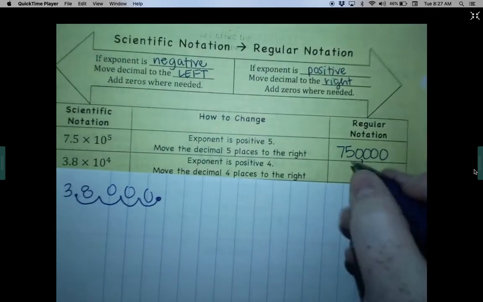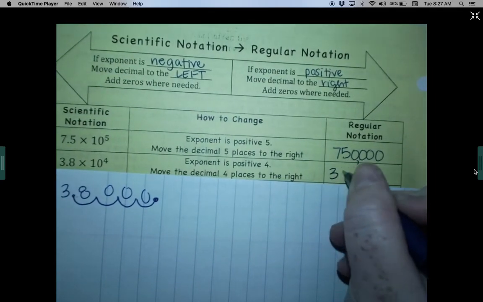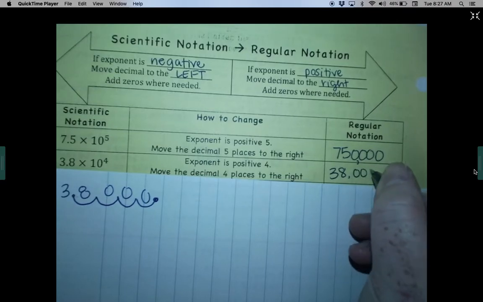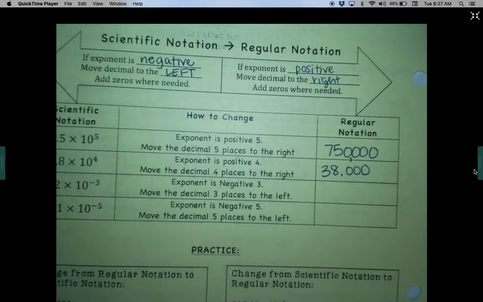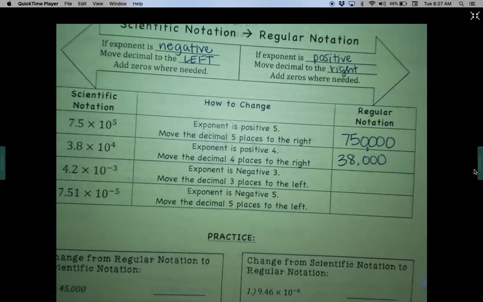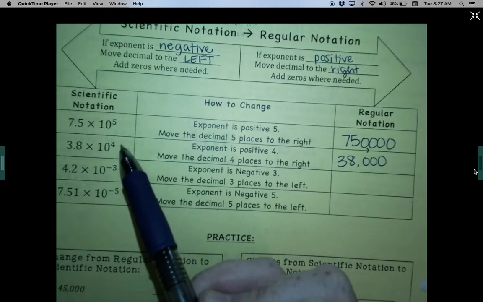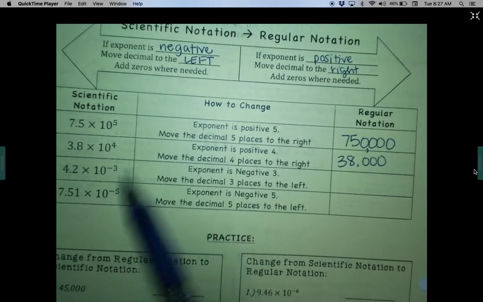So my answer, 3.8 times 10 to the 4th in regular notation, is 38,000. Now, those commas are not necessary. You don't have to put a comma if you don't want to, but it helps me with place value, so that's why I do it. So positive exponents, we move to the right. Negative exponents, we're going to move to the left.